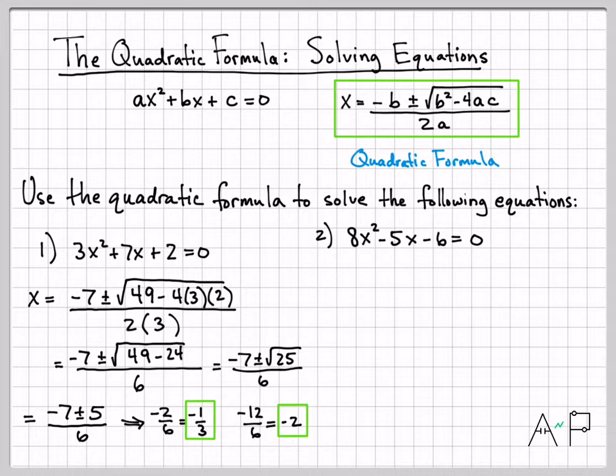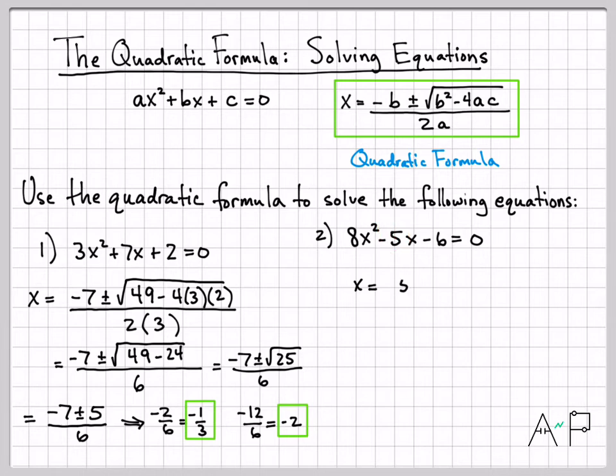Here is my quadratic I'm going to work with. 8x squared minus 5x minus 6 equals 0. And we're going to solve for the solutions of this by using the quadratic formula again. So x equals, I have to write down a negative b. So my b right here is already minus 5, a negative 5.